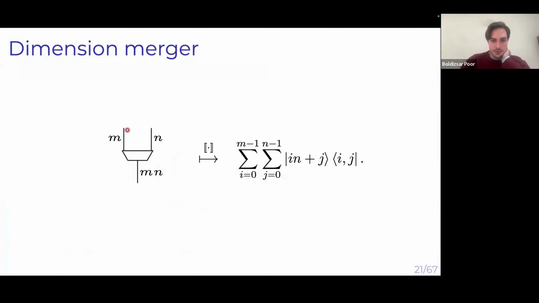Anyways, if you swap here the two wires and do its inverse, the dimension split, then that's not going to be the identity. So it's not symmetric, and it's going to be kind of a weird map. It's going to do some weird kind of permutation on the basis states of m times n dimension, but I am not able to characterize it off the top of my head now.